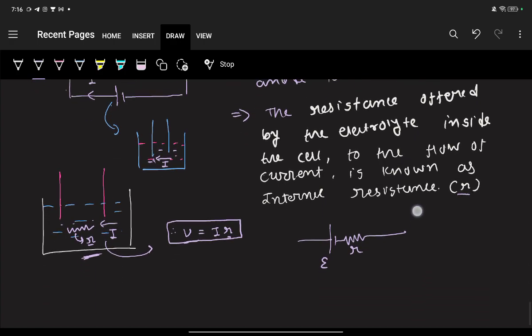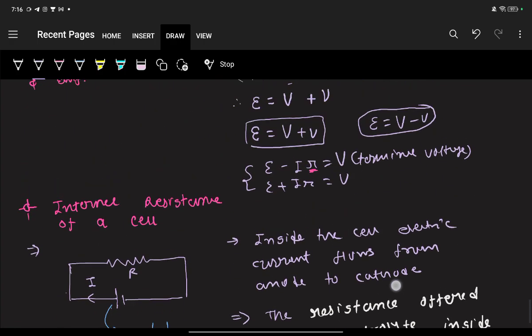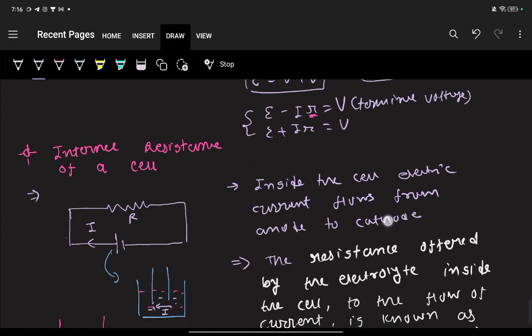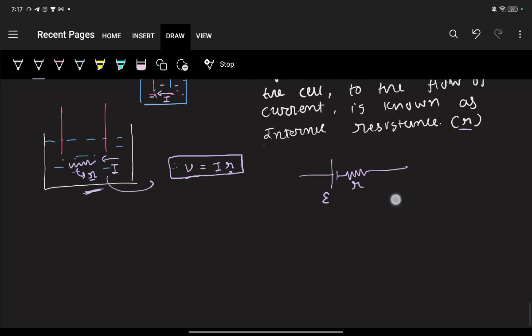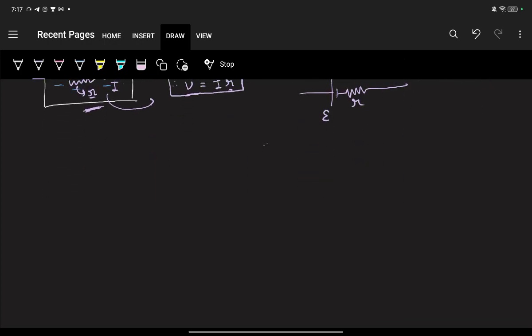Now the relationship between the EMF, terminal voltage, and internal resistance. If you want to write the relation between EMF, internal resistance, and terminal voltage, let's say this is the terminal voltage.